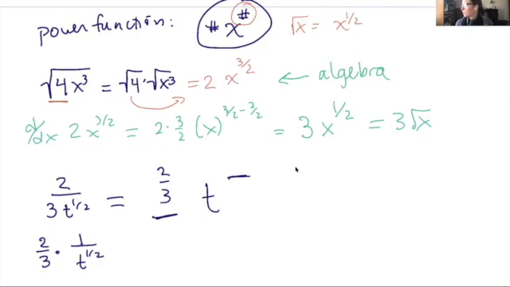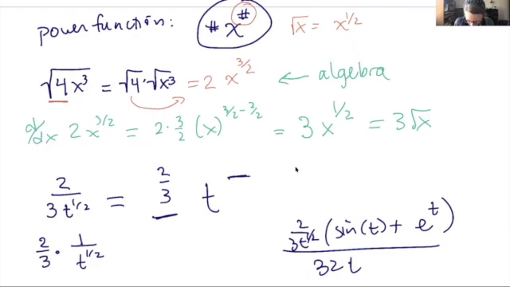And the reason I'm doing this is so that when we're taking derivatives that are really nasty, so like if we were to have 2 over 3t to the 1/2 times sine of t plus e to the t all over 32t plus t cubed, if we're doing a derivative like this, you don't want to spend 15 minutes on the first part.